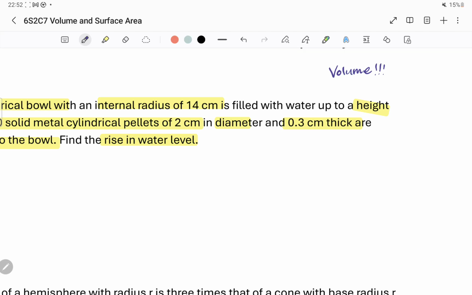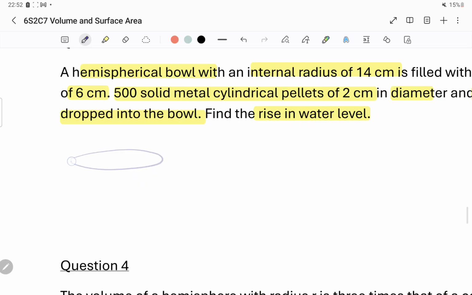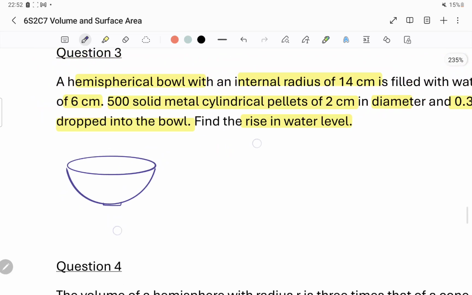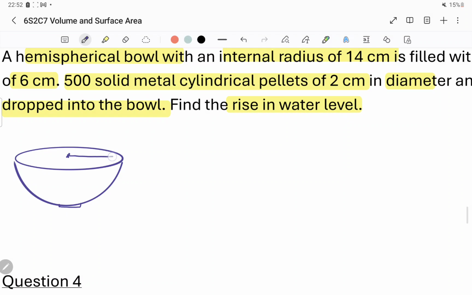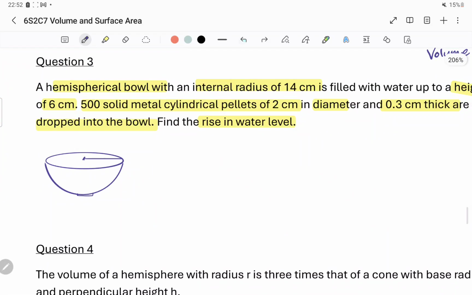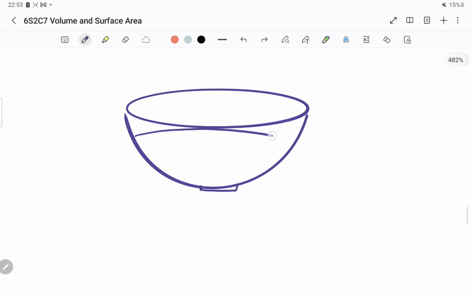Okay, so now we will need to draw it out. So I want you to draw out as what I'm going to show you over here. Then we have an internal radius of 14 cm, filled with water up to a height. So let's say I have water over here, this is my water.